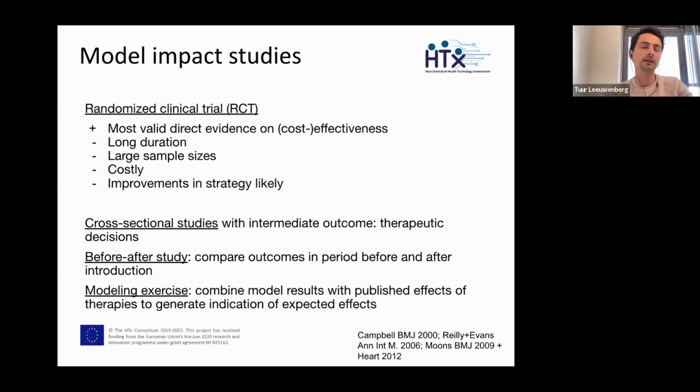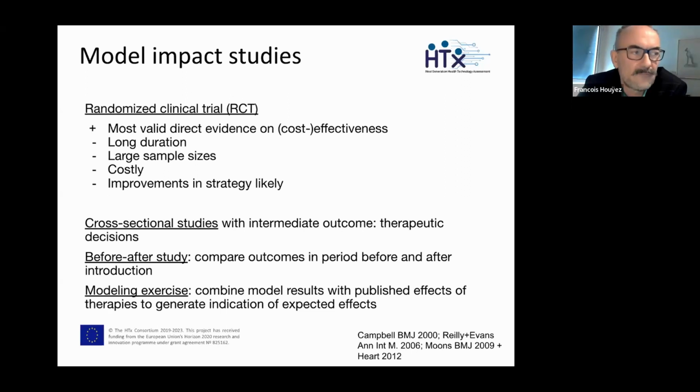That is something you could sometimes even do without having to involve any patients, so that could be done really quickly. So there are really different ways to approach this.